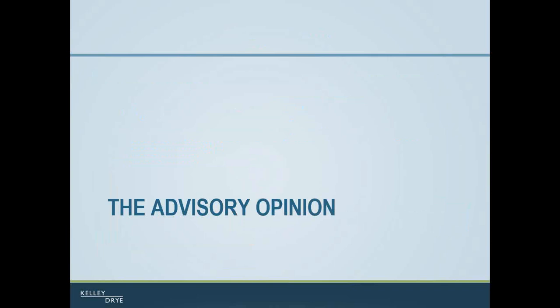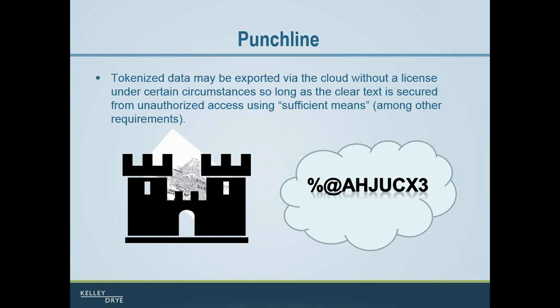So, we made an argument and said hosting a token value in the cloud is quite different from hosting that drawing in the clear on the cloud. And the State Department came back and said, you can use tokenization under certain circumstances to host technical data in the cloud without obtaining a license.